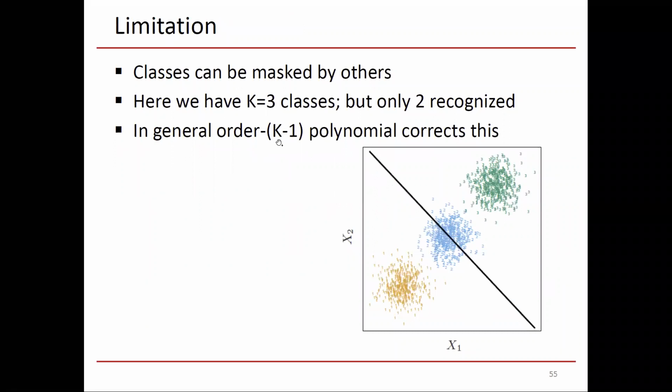Finally, I'd like to discuss that there's a limitation. A class could be masked by other classes. Here we have an illustration with 3 classes: 1s, 2s, and 3s. The 1s correspond to orange, the 2s correspond to blue, the 3s correspond to green. Now let's try to understand what's going on here. Let's plot this axis, let's call it the y-axis.